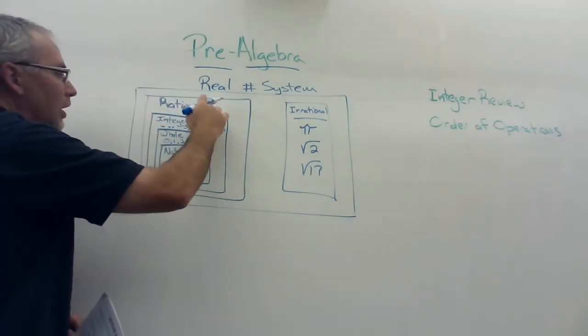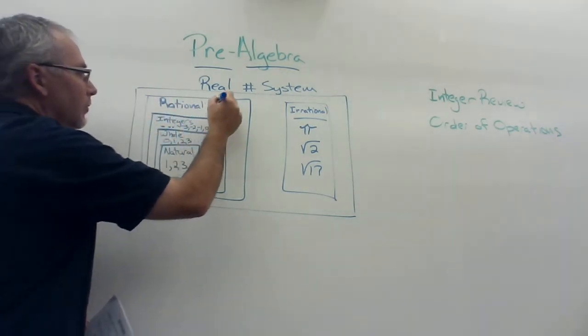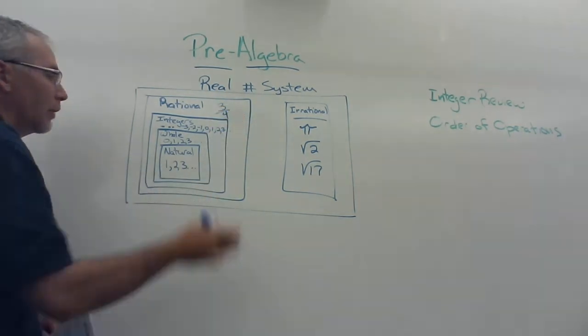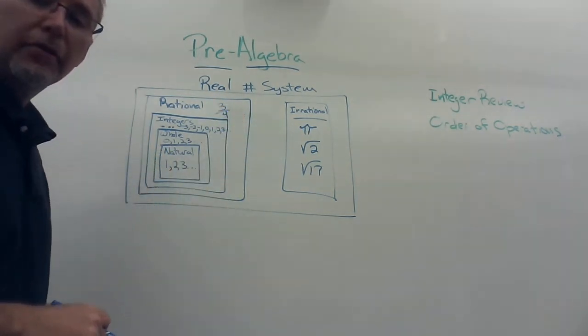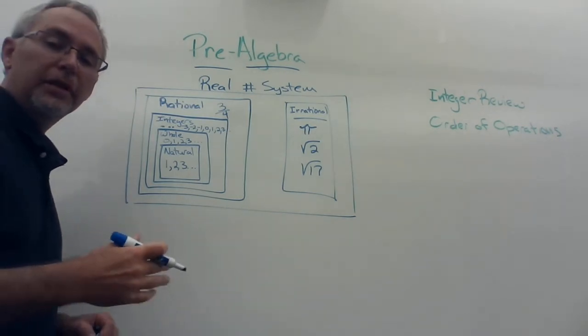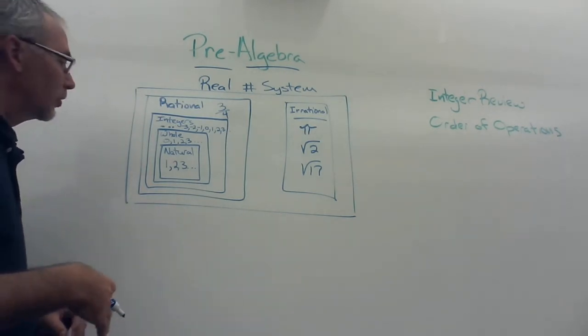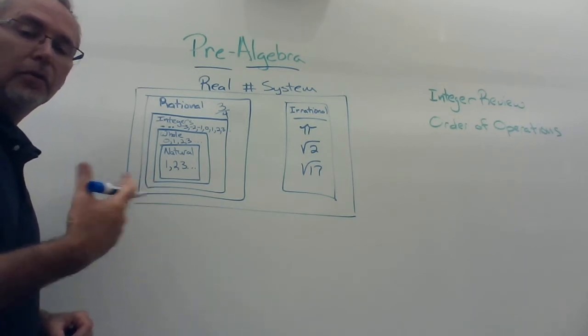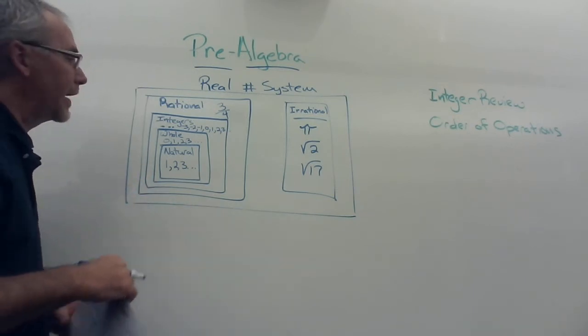Within the rational realm, all of these are included, plus anything that can be changed into a fraction. We know that whole numbers can be changed into a fraction simply by putting them over the number 1. So if I had the number 16 or negative 92, I could put those over 1 and all of a sudden it becomes a fraction.